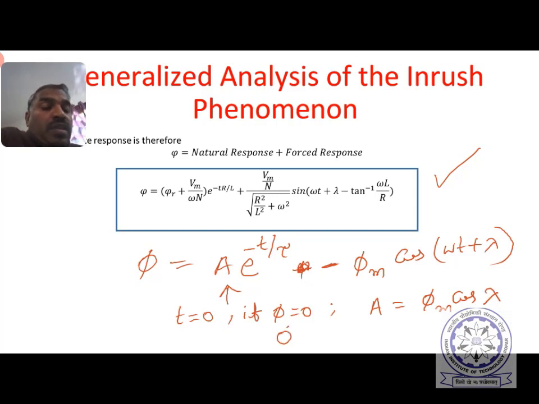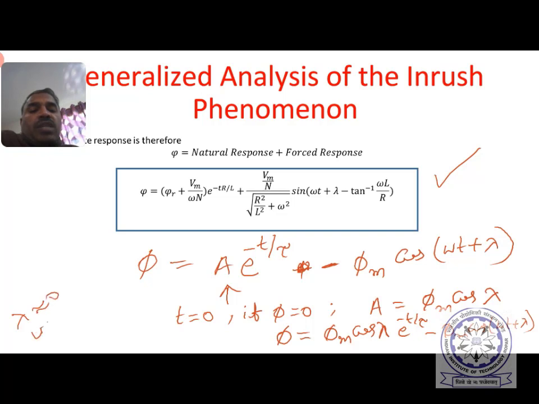Then φ equals φm cos λ e to the power of minus t by tau, and then minus φm cos ωt plus λ, right? When λ is nearly 0 and when ωt becomes π, then this value φ becomes roughly 2 φ maximum. This is what we have seen.